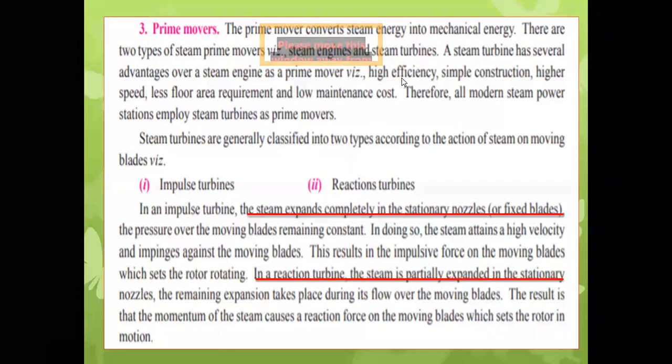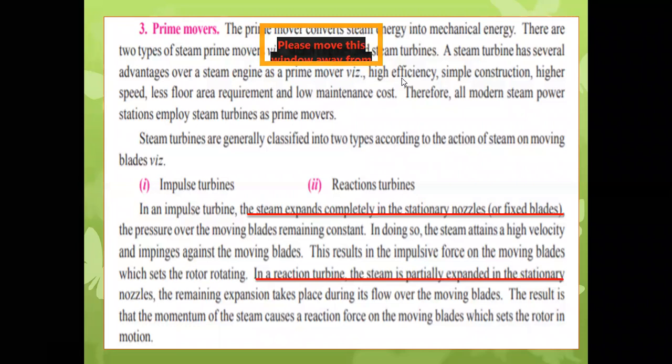In an impulse turbine, the steam expands completely in the stationary nozzle or fixed blade. The pressure over the moving blades remains constant, and in doing so the steam attains a high velocity and impinges against the moving blades. This results in an impulse force on the moving blades, which sets the rotor rotating. The rotor rotating means what? The shaft of the turbine.